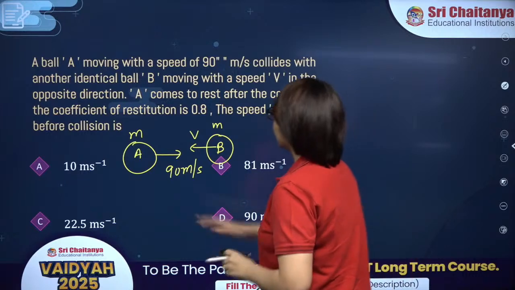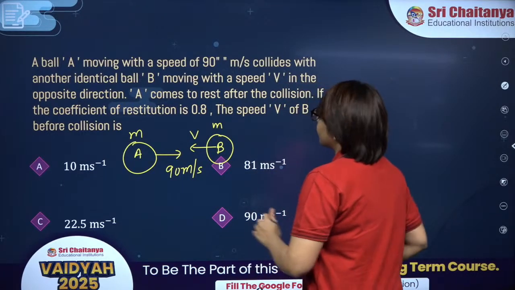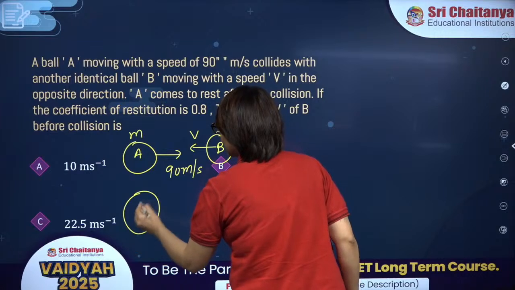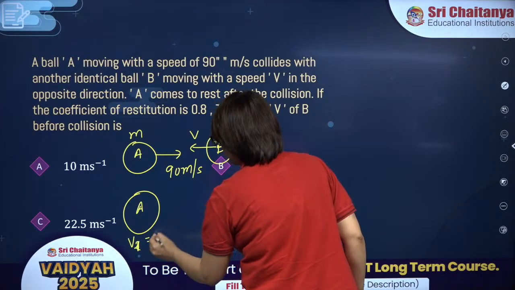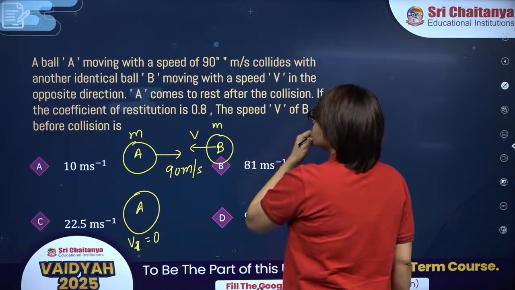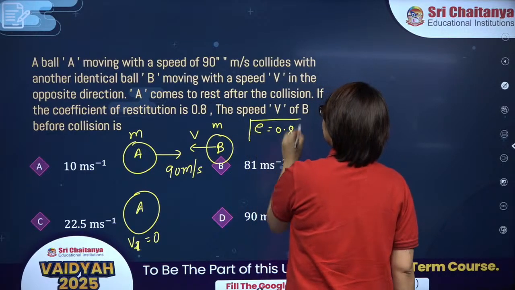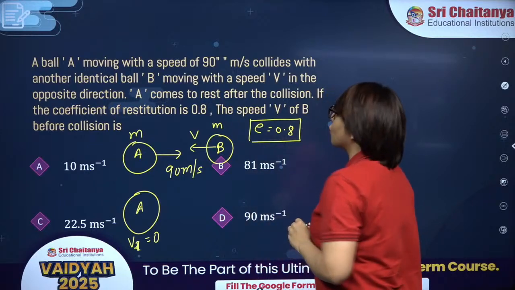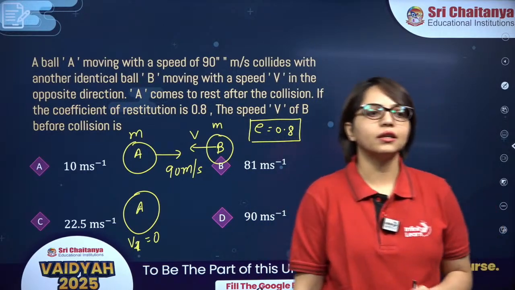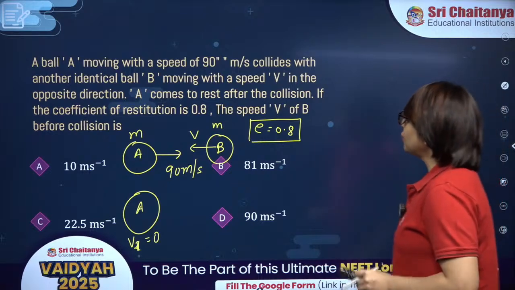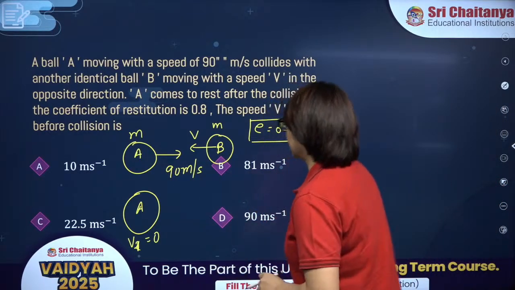A comes to rest after the collision, and the coefficient of restitution is given as 0.8. The speed v of the ball B before the collision is? So you have to find the speed v of ball B before the collision.